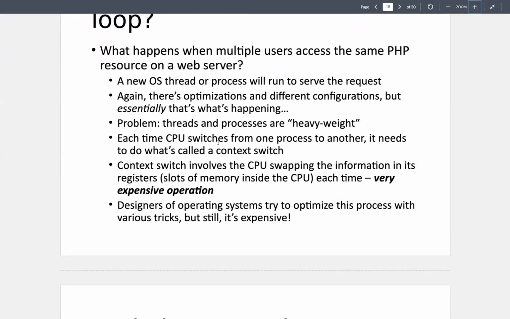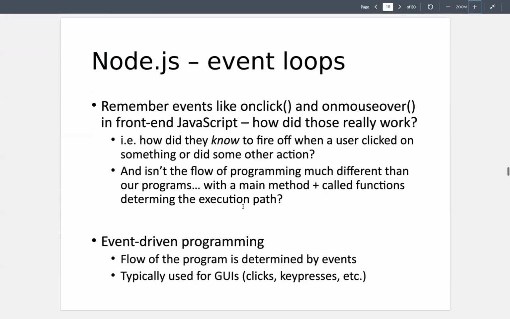Each time the CPU switches from one program process to another, it needs to do what is called a context switch. Context switch involves the CPU swapping information in its registers each time. They're expensive. So Node.js is event-driven programming.